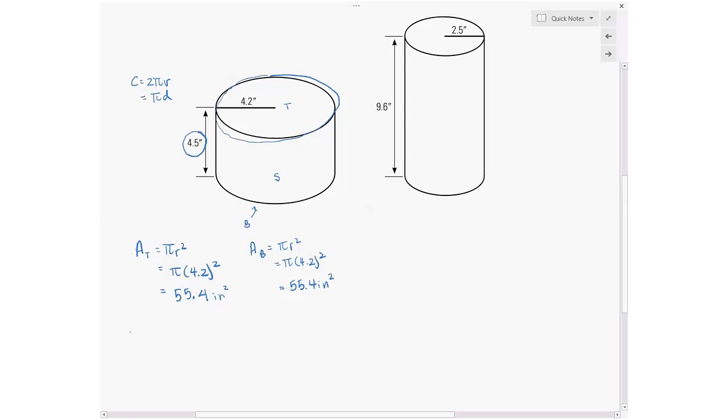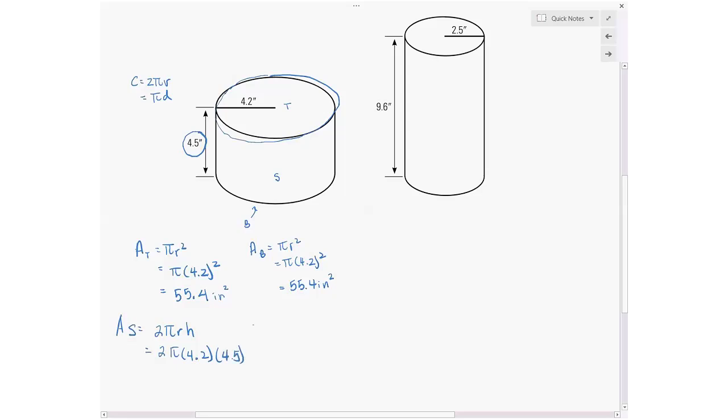So let's look at the area of the side. The area of the side would be equal to the length, which is the circumference, which is 2 pi r, times the width of that label, or the side of the can, which is the height. So it's 2 pi r(h). So the circumference, 2 pi r, 2 times pi times the radius, times the width, which in this case is the height, is 4.5.